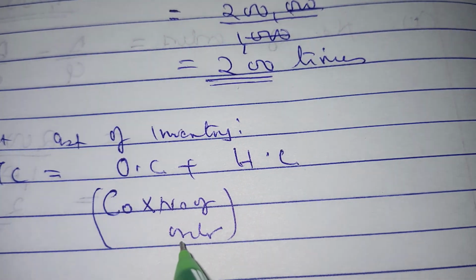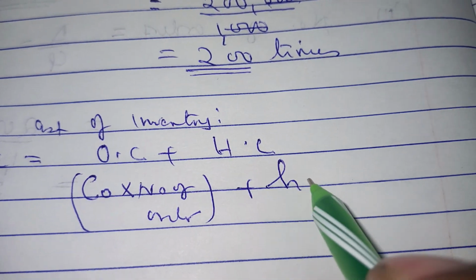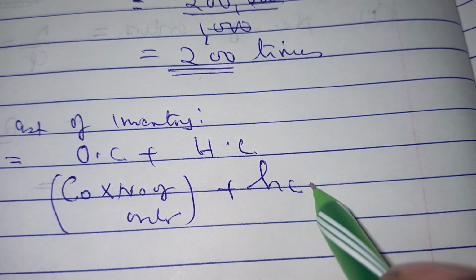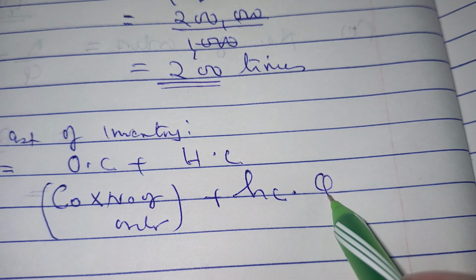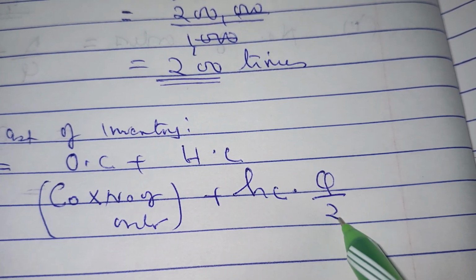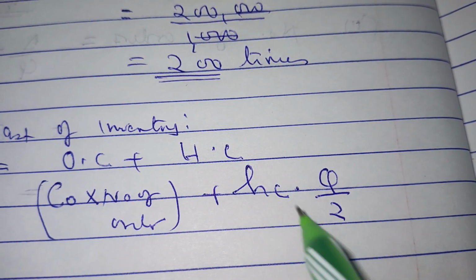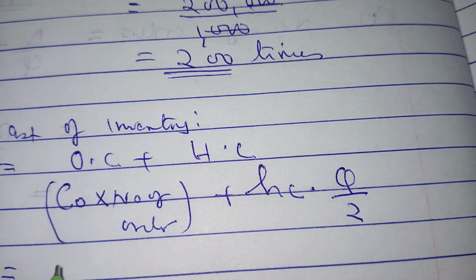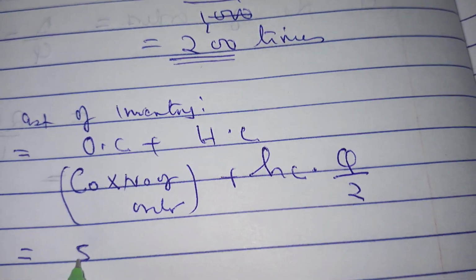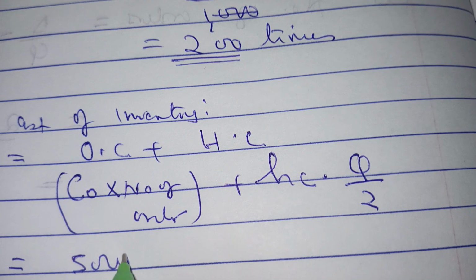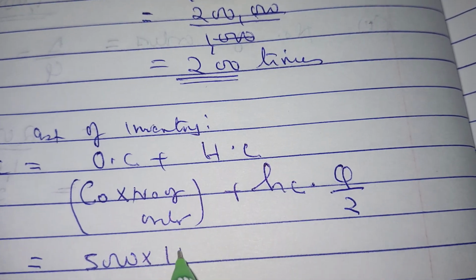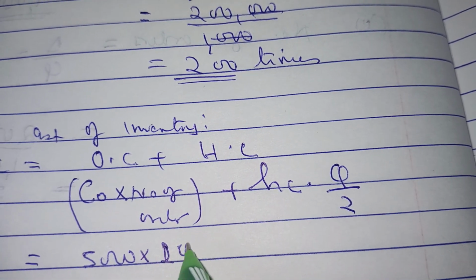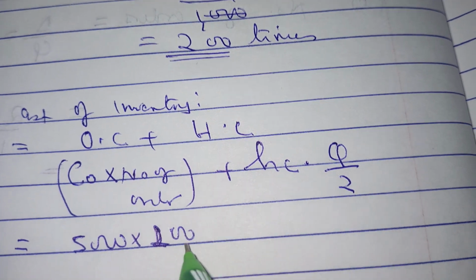That's the total ordering cost. Then you have the holding cost per unit per annum multiplied by the average quantity, that is Q over 2. So we can go straight to the cost per order, which is 5,000. Then we multiply by the number of orders. We have found we are ordering 200 times. We shall make 200 orders.